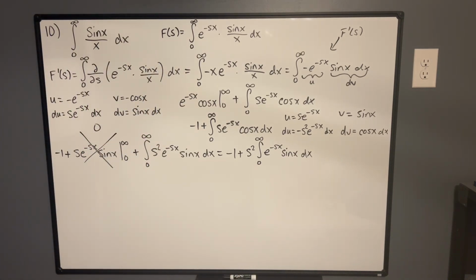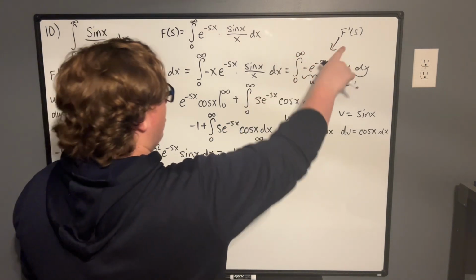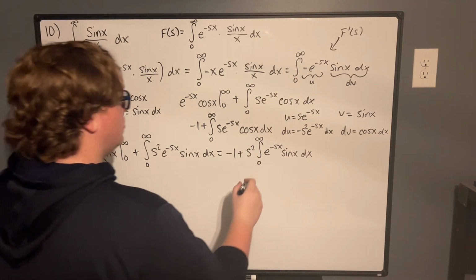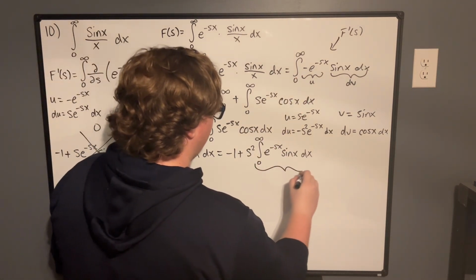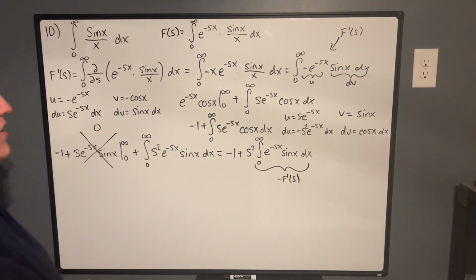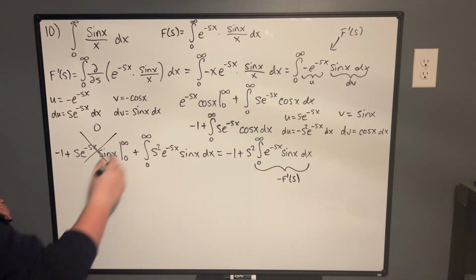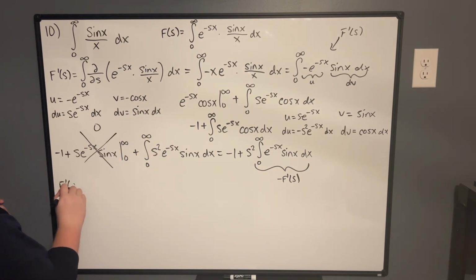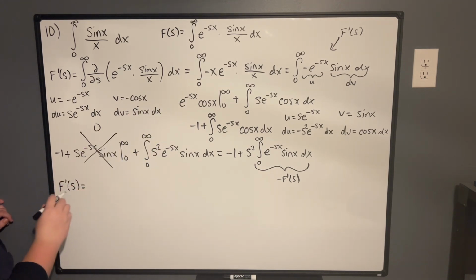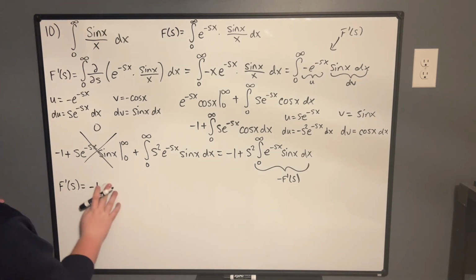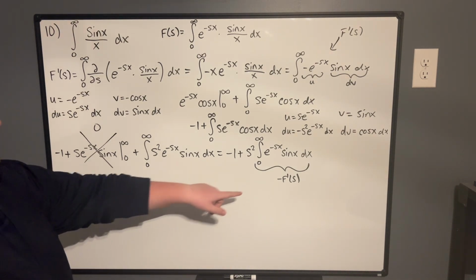And it doesn't look like it's really helped us, but if you look back at our original f prime, we're very close. The only thing we're off by is this factor of negative 1. So we know that this right here is equal to negative f prime of s. So what we found is, because we were integrating f prime of s the entire time, that f prime of s is equal to negative 1 plus, it won't be a plus because it will be the negative version of f prime.